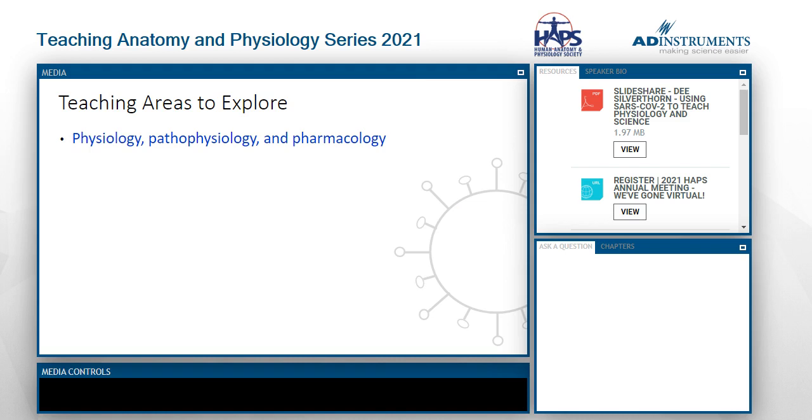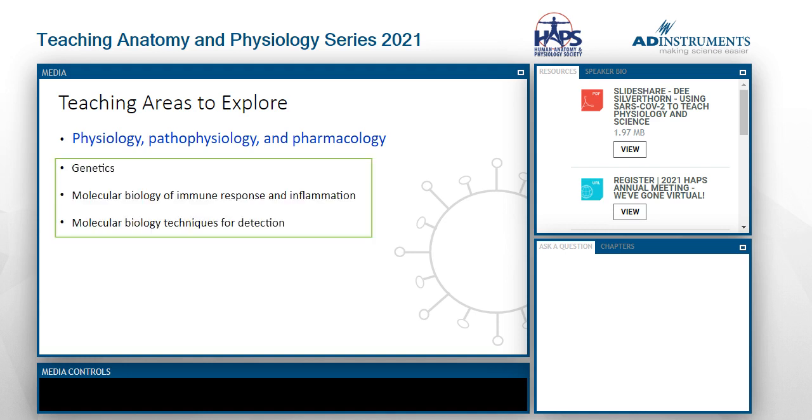So today we're going to be focusing primarily on the physiology, but a little bit of pathophysiology and a little bit of pharmacology. But depending upon what you teach and your comfort level, there are a lot of other areas you can explore. Genetics, and there's a lot coming up with that with all the new variants that are coming out.